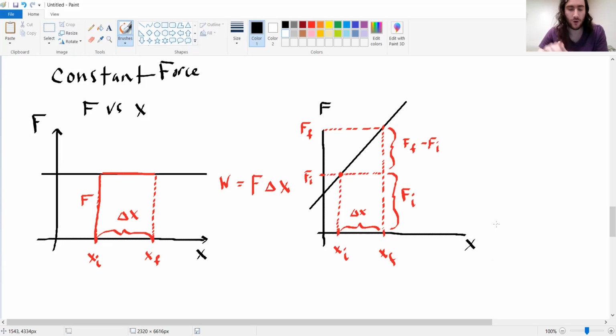Maximum variable force we'll have is something that's linear. So this is a variable force. And in this case, we've shown a linear force.